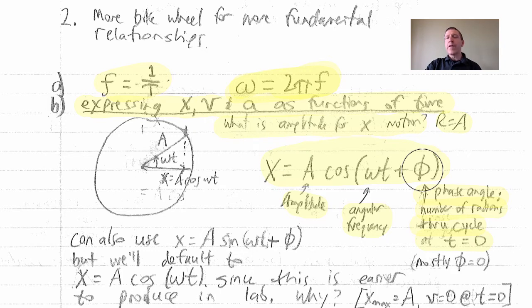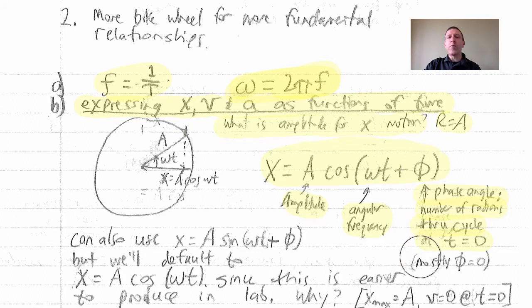If phi was pi over 2, how far through the cycle would we be at time equals 0? Think about that. Well, a full cycle is 2 pi, so pi over 2 is a quarter of the way through the cycle at time equals 0.